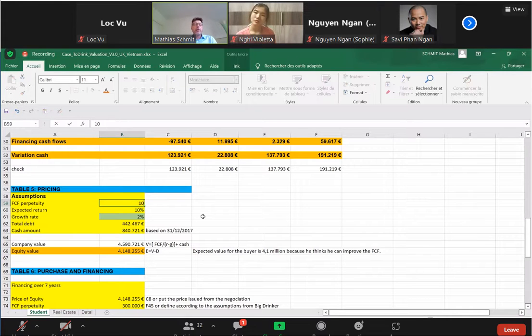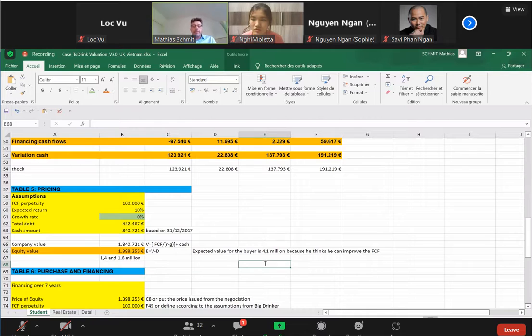Here, he has a free cash flow of 100,000. So you will not price for him what you can improve, of course. So you should remain at this price, around 1.6, or if you suppose no growth, it's 1.4. So you should be between 1.4 and 1.6 million. Okay, but certainly not the 4.1.